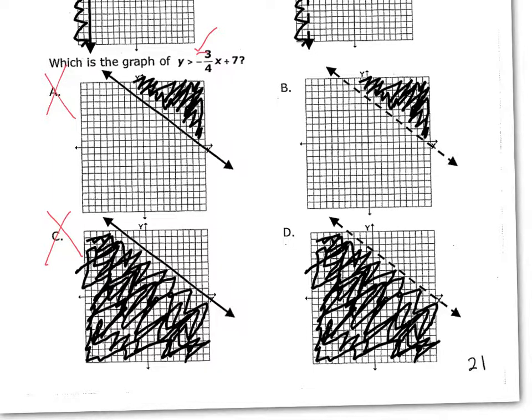We want all the ones that are greater than, so we should shade up, and the only one that works is B. D would not work because that's shaded down. These are just a couple of examples of ones where you have to graph from the inequality and decide which of the graphs works best.